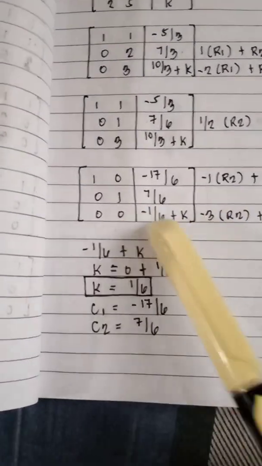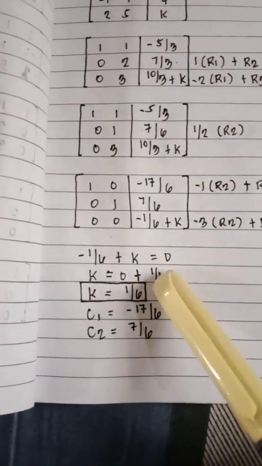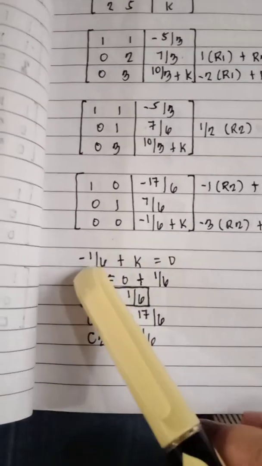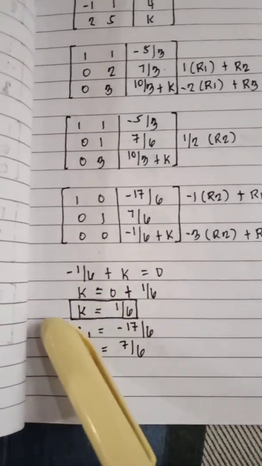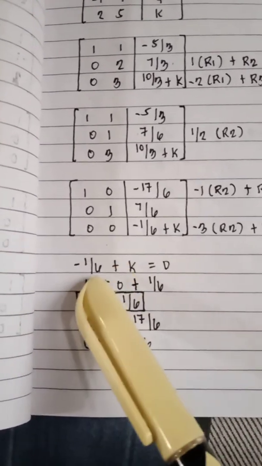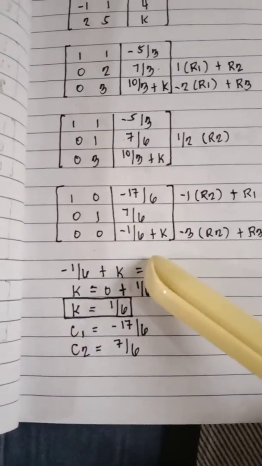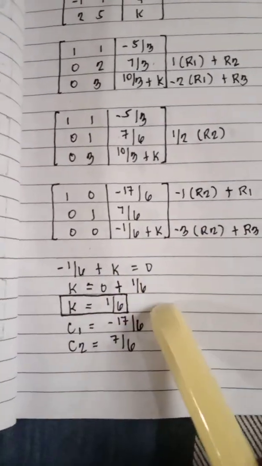Since we are looking for the value of k, we will equate negative 1/6 plus k to 0. We transpose the negative 1/6 to the other side, making it a positive 1/6. So our k is 1/6.